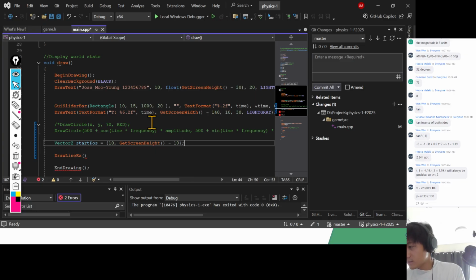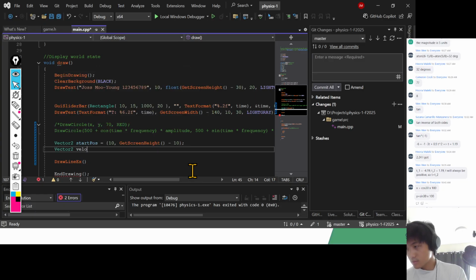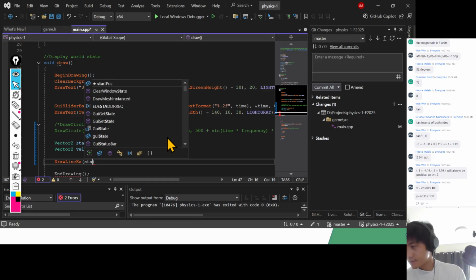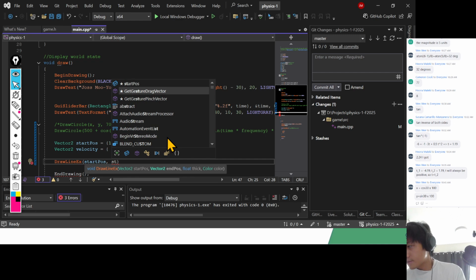Yeah. In pixels. Cool. Then I have a velocity vector. For now, let me just set it to something static, and then we'll draw ourself a line. Start, plus velocity.